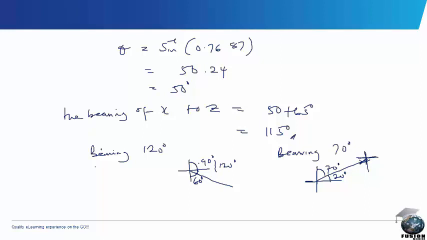The alternate 70 comes to this point, and then 20 comes to the point where the 70 mark is. So this shows an example of alternate angles. So we'll be using these properties to solve questions in our examples.